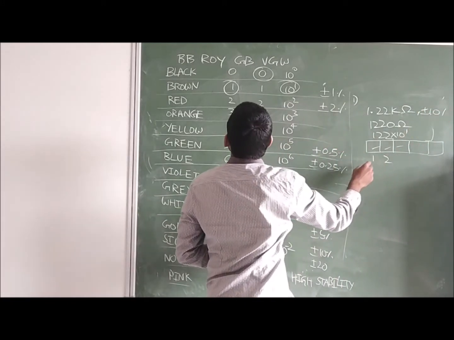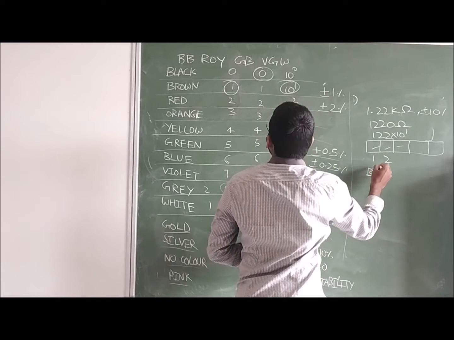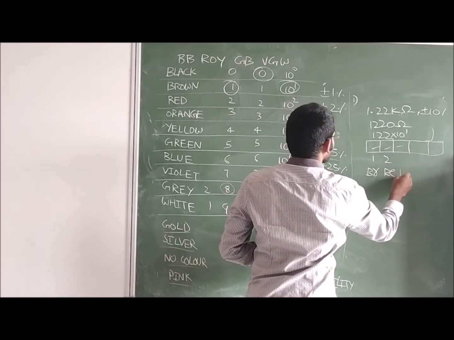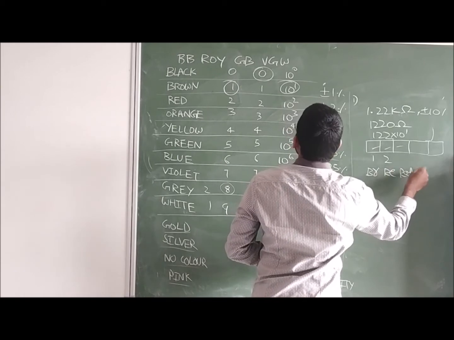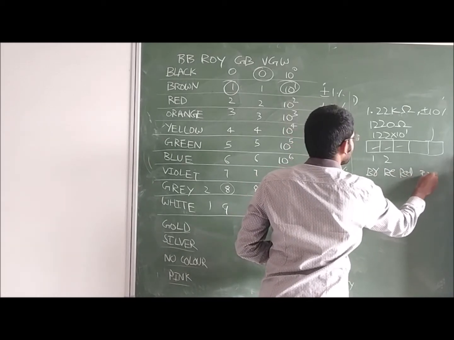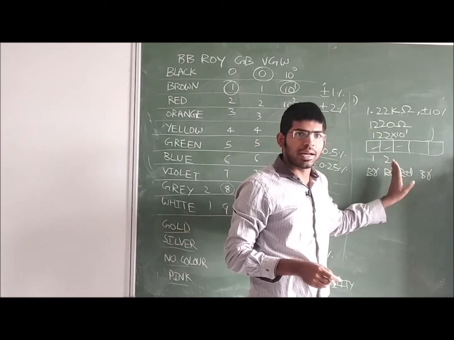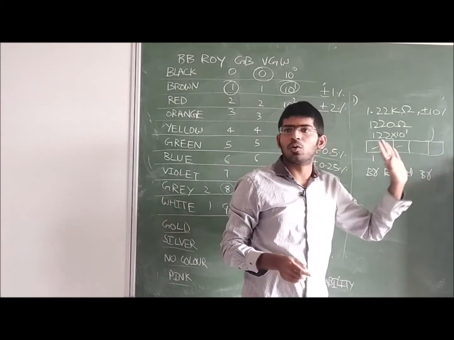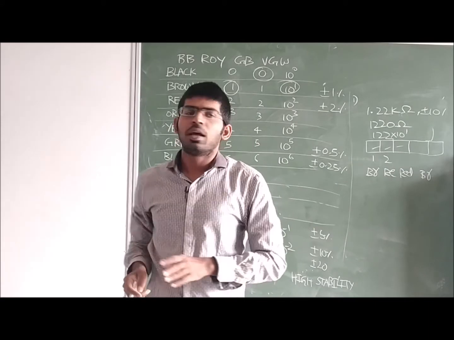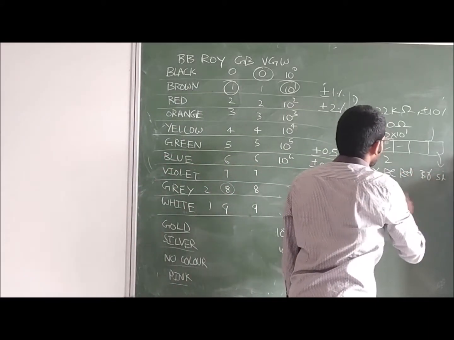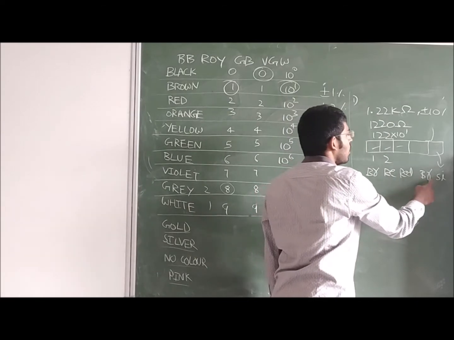So 1 means brown, 2 means red, again 2 means red, 10 to the power 1 means brown. So brown, red, red, brown. And the last color band for the tolerance is silver. Brown, red, red, brown, silver.